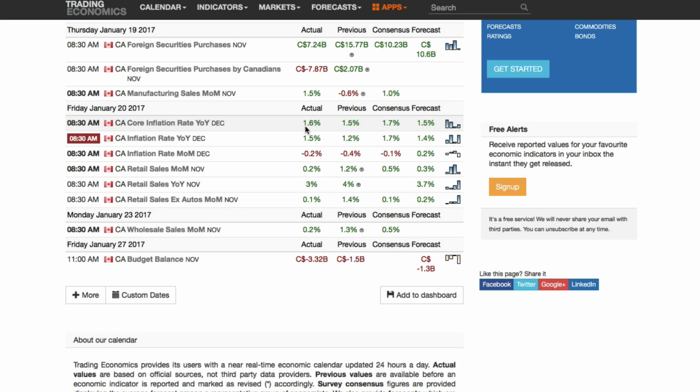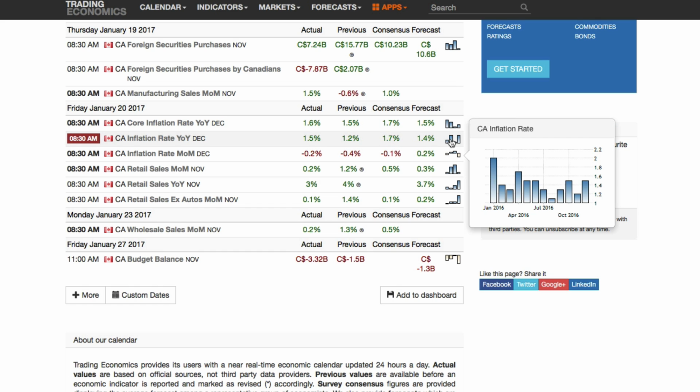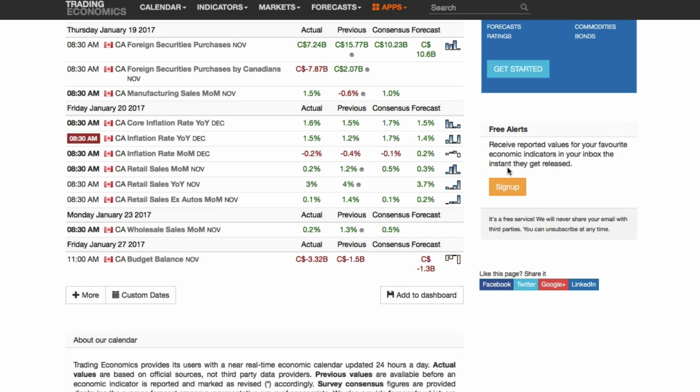Our inflation, 1.6%. The consensus was for 1.7, and it sort of came in light, year over year, 1.7, 1.5. You look at month over month, you don't want to see negative numbers. Negative numbers really reinforce no reason for a central bank to raise rates. So if we have a look at our inflation rate, look at that. That's got kind of a strong downward trend to that inflation rate over time.